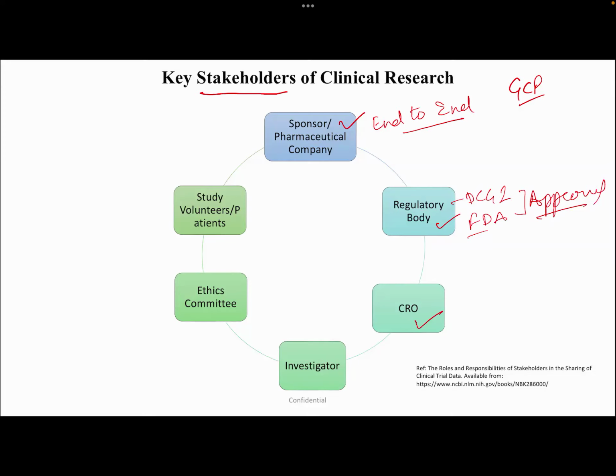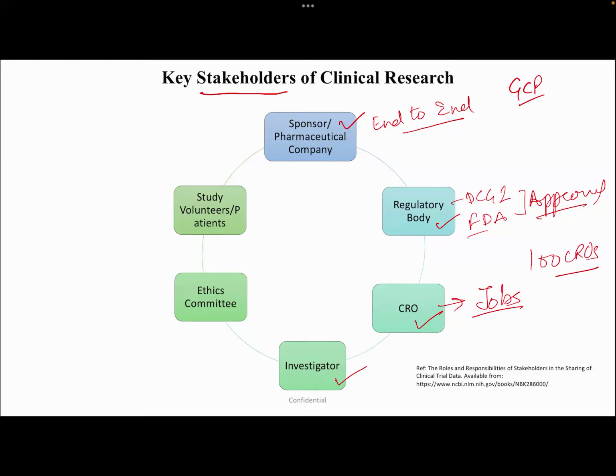CRO, contract research organizations. This is a place where you will get a lot of jobs. So today, after this class, take the help of Google, take the help of ChatGPT to find out the different job roles you can get in a CRO at entry level. Or make a list of 100 CROs in India.